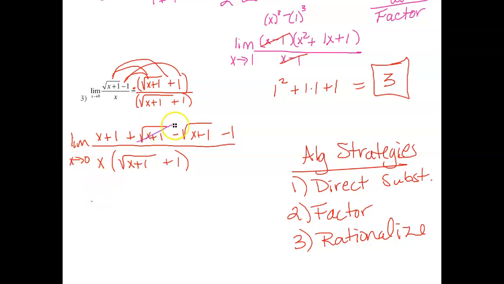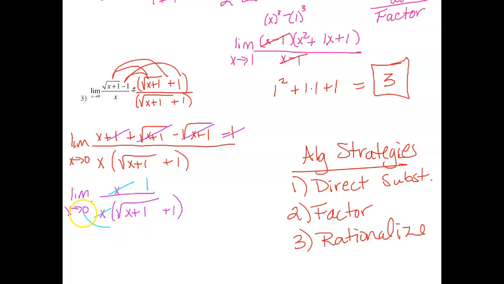Okay. So these terms cancel. These terms cancel. So I'm left with x over x and still the limit. Well, the x's cancel, so I'm left with a 1 on top.